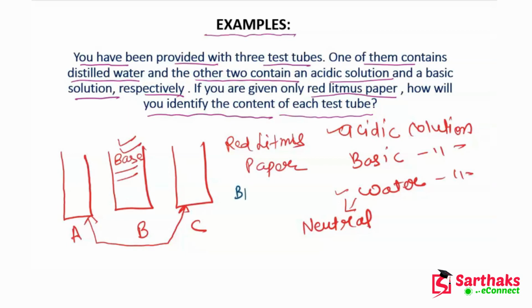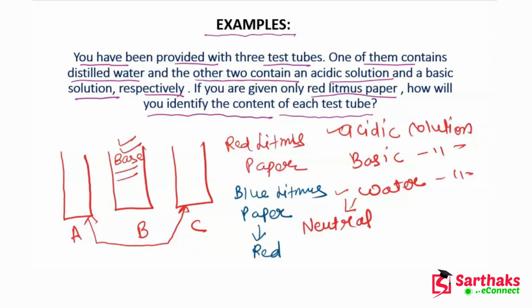So we will dip this blue litmus paper one by one in the remaining test tubes. Suppose I dip it into test tube A and the color is not changed, and when I dip it into C the color changes from blue to red, because we know that acid turns the color of blue litmus paper into red.